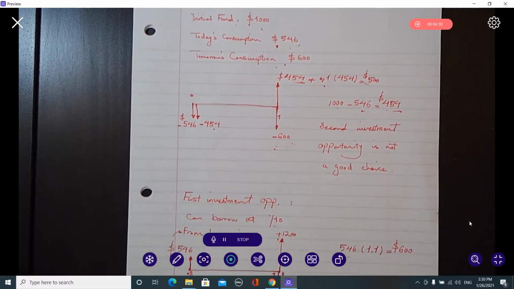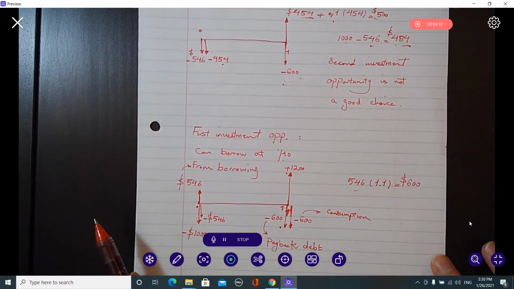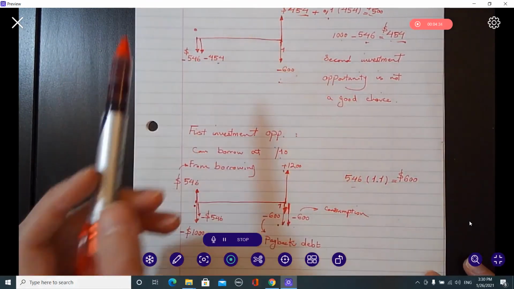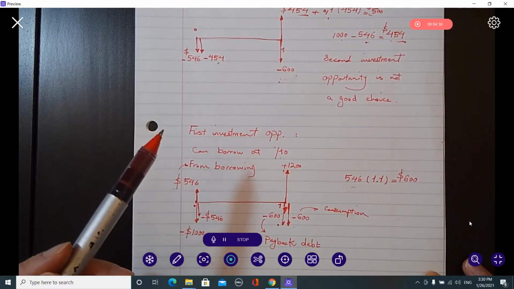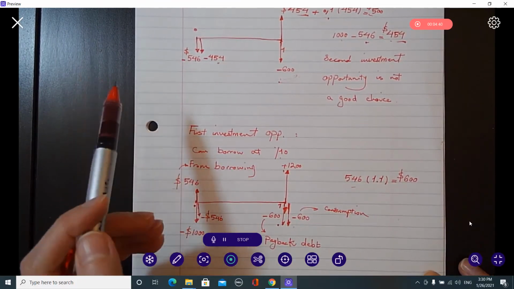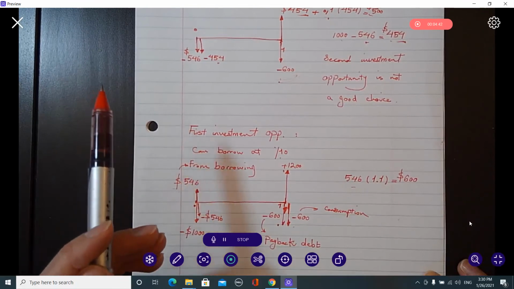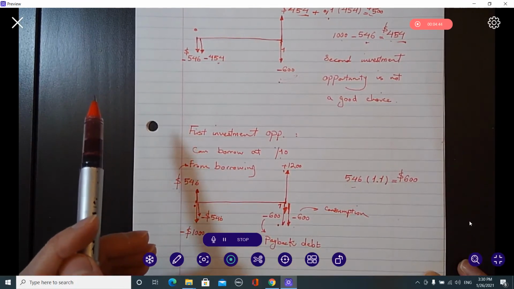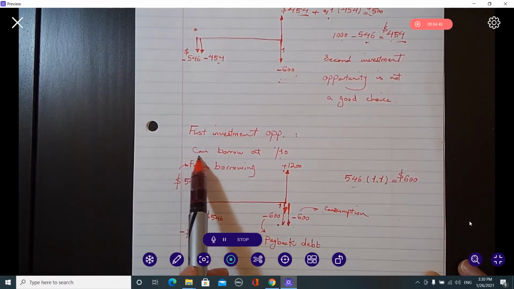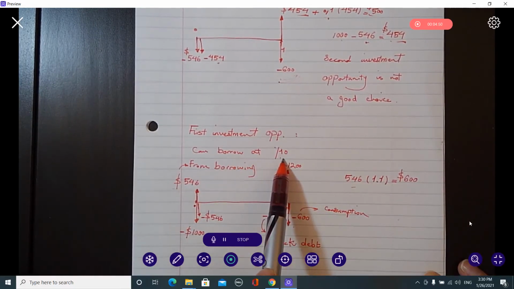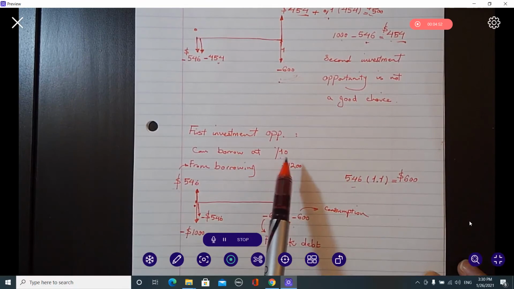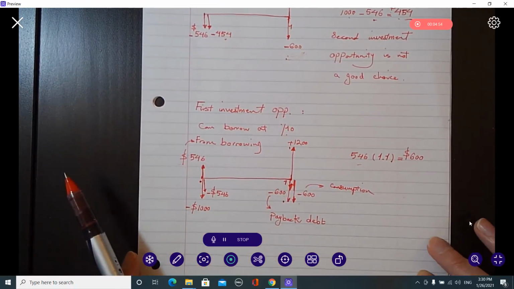But he cannot do it alone because he only has $1,000 today. Assume that this investor has access to financial markets and can borrow at 10% interest rate. In that case, what would he do?